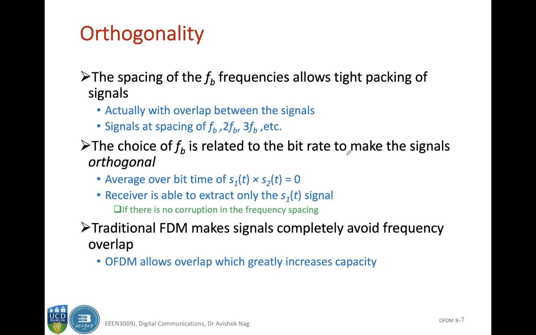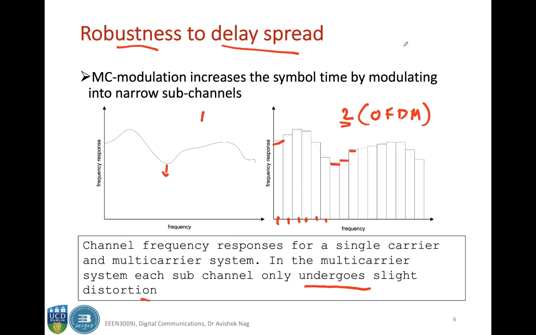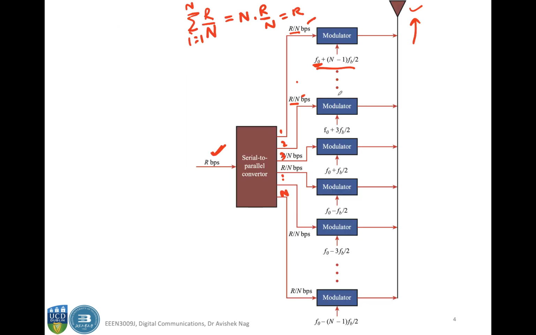The term OFDM: the O stands for orthogonal, and then frequency division multiplexing. You already saw that you are dividing the entire spectrum into different frequencies, modulating onto different subcarriers, and then combining them together.